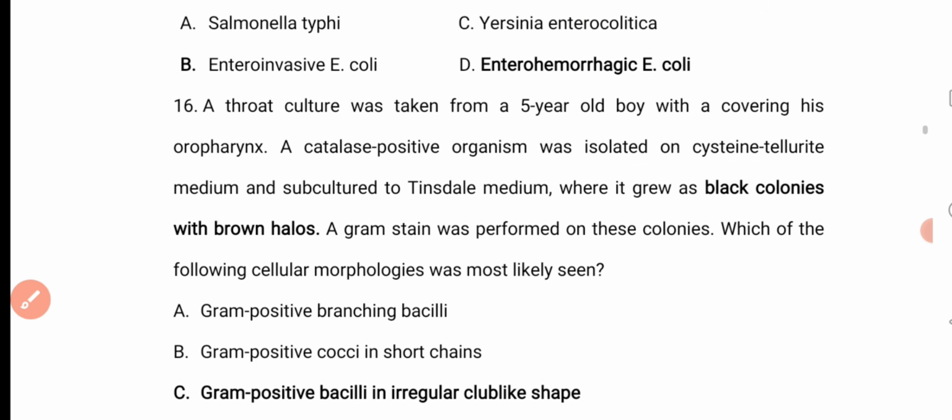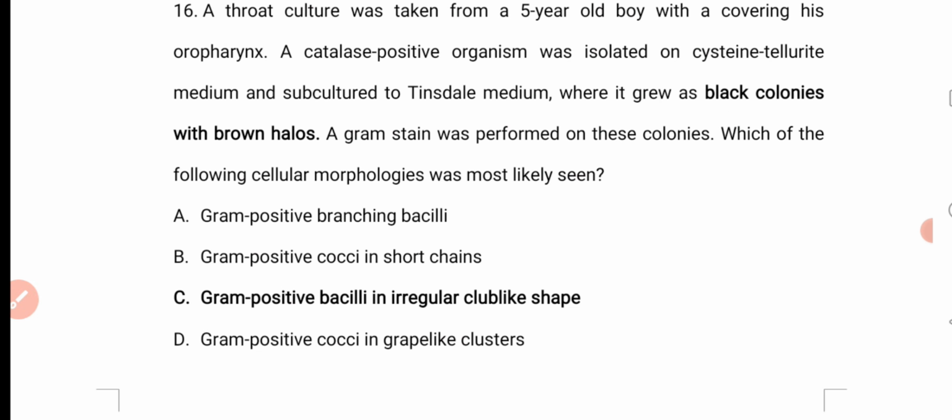Another question: a throat culture was taken from a 5-year-old boy with a covering on his oropharynx, and a catalase-positive organism was isolated on cysteine tellurite medium and subcultured to Thayer-Martin stain medium, where it grew as black colonies with what? Brown halos. The gram stain was performed on this colony; which of the following cellular morphologies was most likely seen? We can clearly see that the gross characteristic is black colonies with brown halos.